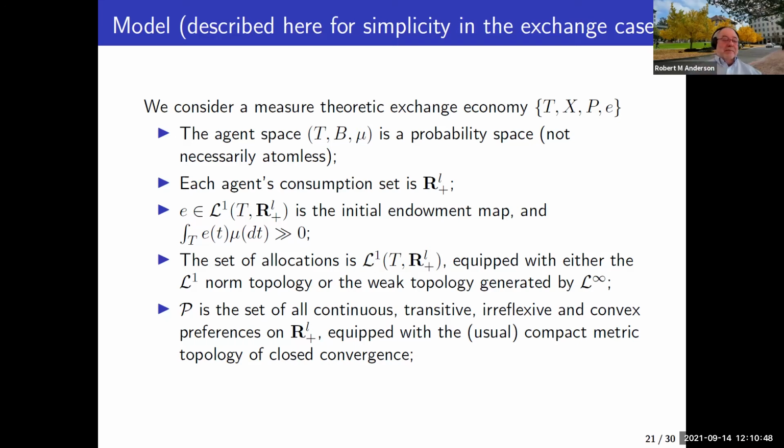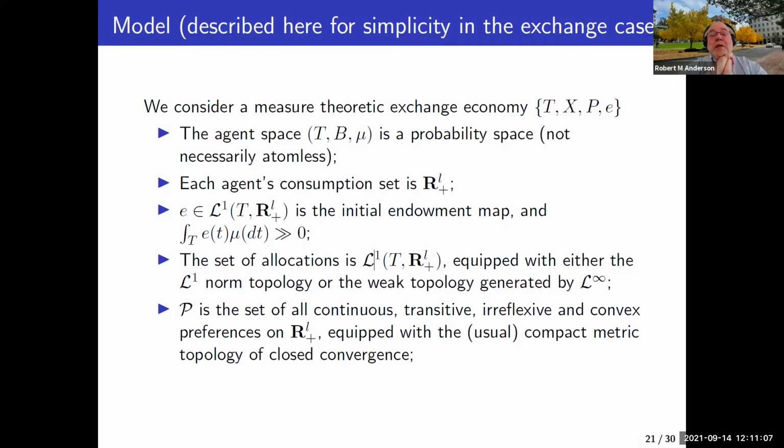So anyway, I like exchange economies much more than I like production economies because I think the theory works better and is closer to empirical reality. But in addition, it's a little bit simpler. And to simplify, I want to look at the measure theoretic model in just the exchange case.